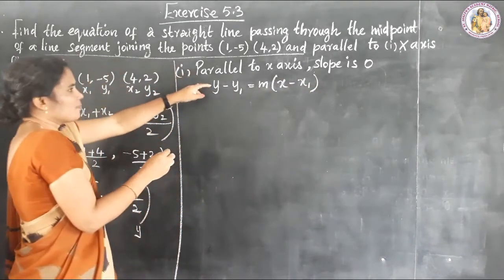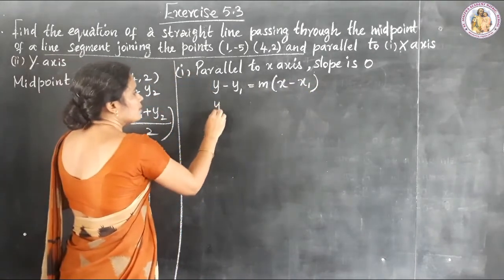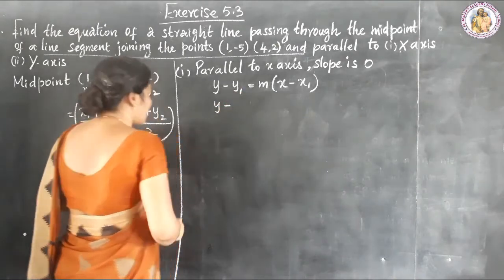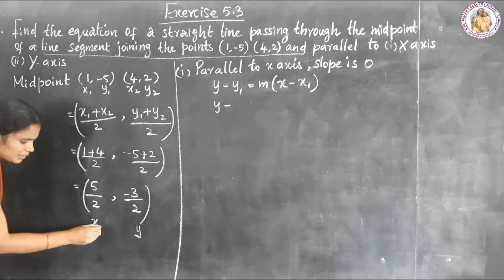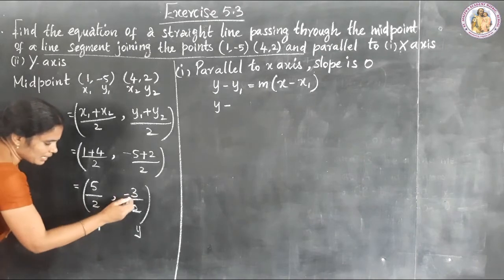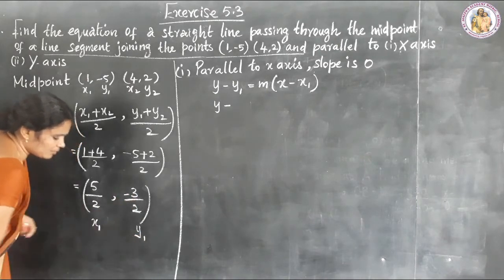Now here, taking the points from the midpoint, 5 divided by 2 is x1 and minus 3 by 2 is y1.